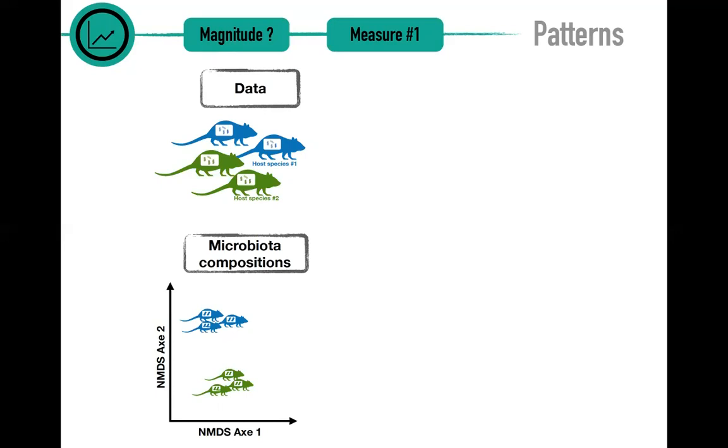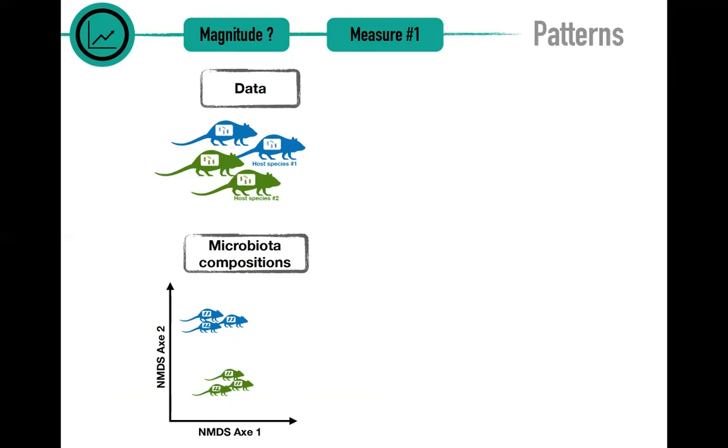Here you've got two rodent species, in blue and in green. If there is specificity, we expect to see in the PCoA plot that the samples from the same species are close together in that compositional space, while the samples from the other species are far away.